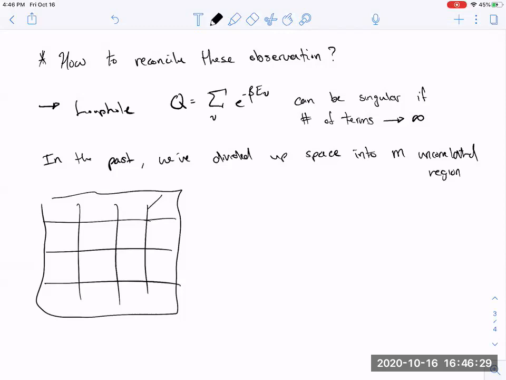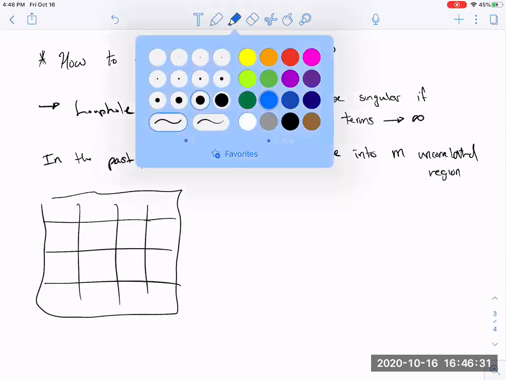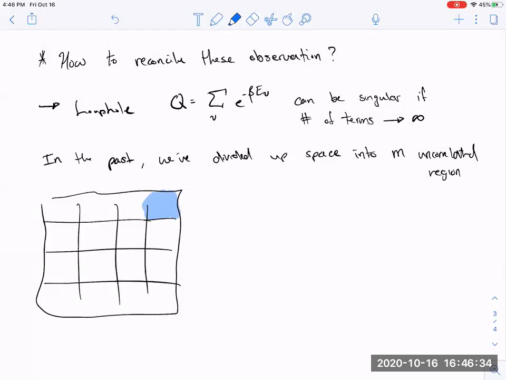Let's, for example, imagine that, I can use a color. Some of those grid points are liquid-like. The ones that are empty have a low density, those are vapor-like. So these ones here are cells that have a microstate in that cell that looks like it's liquid. These cells here have a microstate that looks like it's vapor.